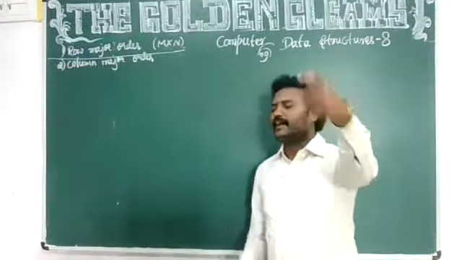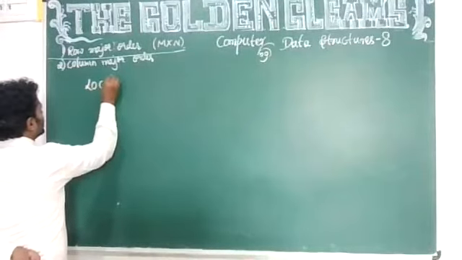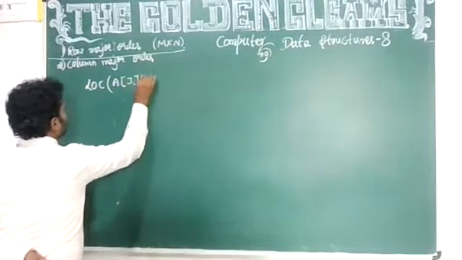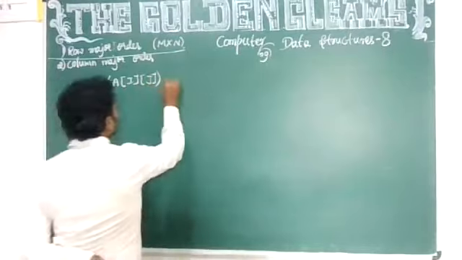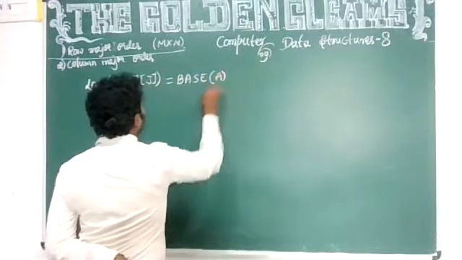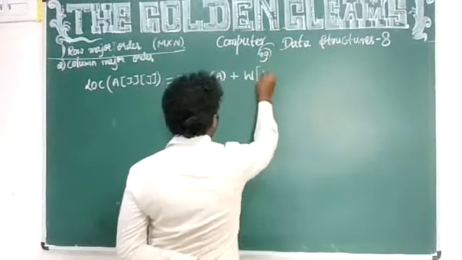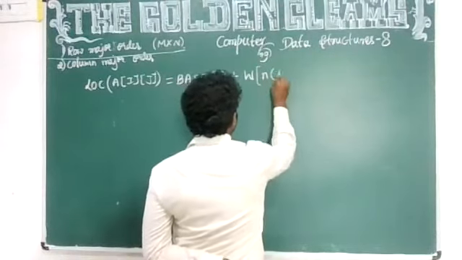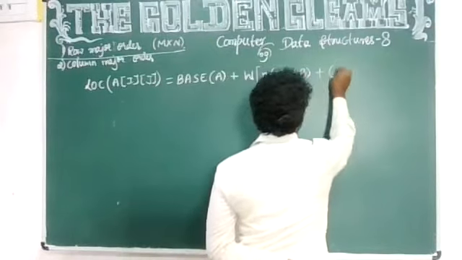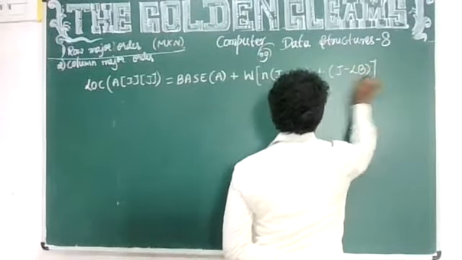What is the formula? Write down. LOC of Aij equals base of A plus W times n into (I minus LB) plus (J minus LB).